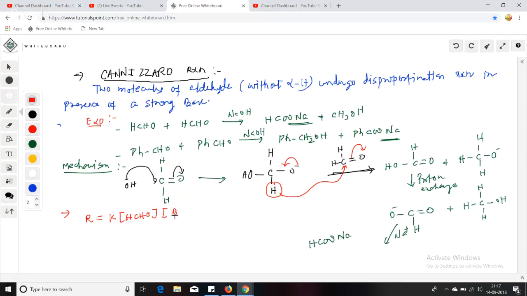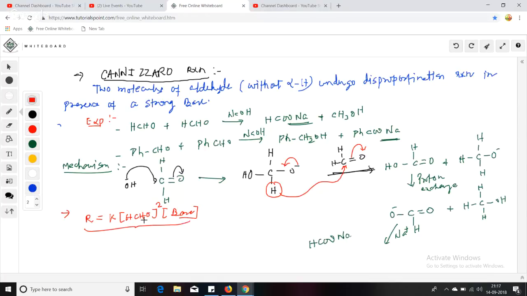So it is a bimolecular reaction, and I forgot to write 2 over here. This is the rate law expression we have for this reaction.